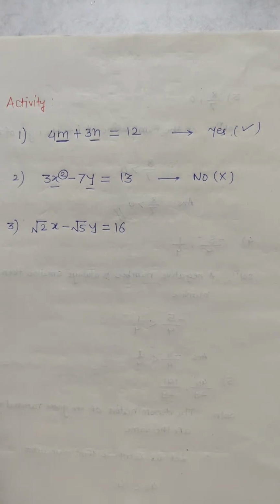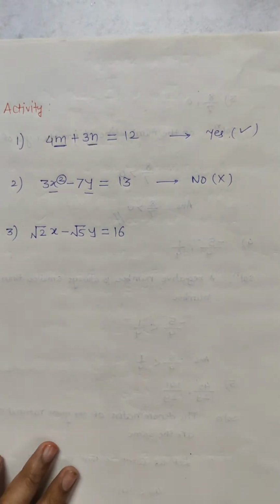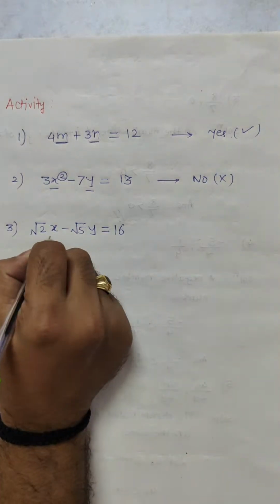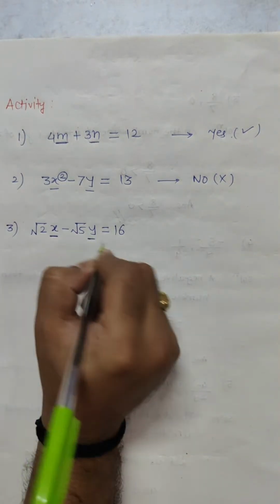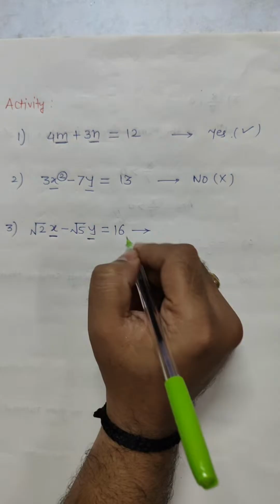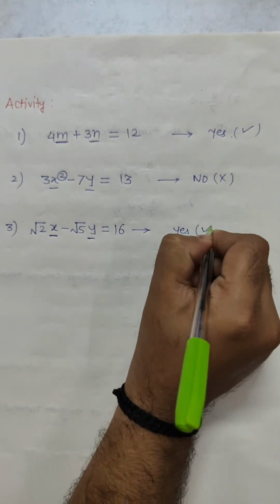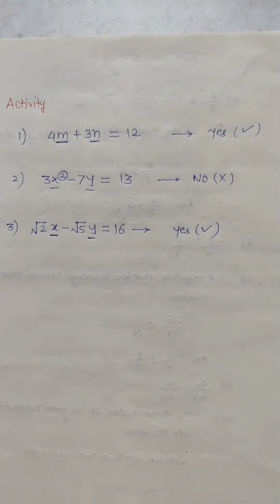If this is the case in the given equation, then it is possibly a linear equation in two variables. This comes under the category of linear equation in two variables. Here the two variables given are x and y, of degree 1. Yes, of degree 1, so obviously it is possible. Then it's a right mark. So this is a linear equation in two variables.